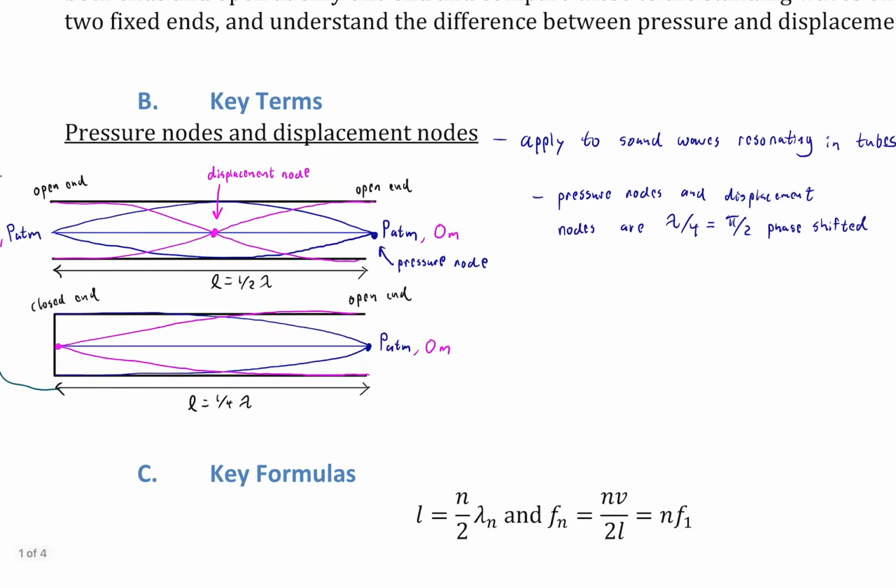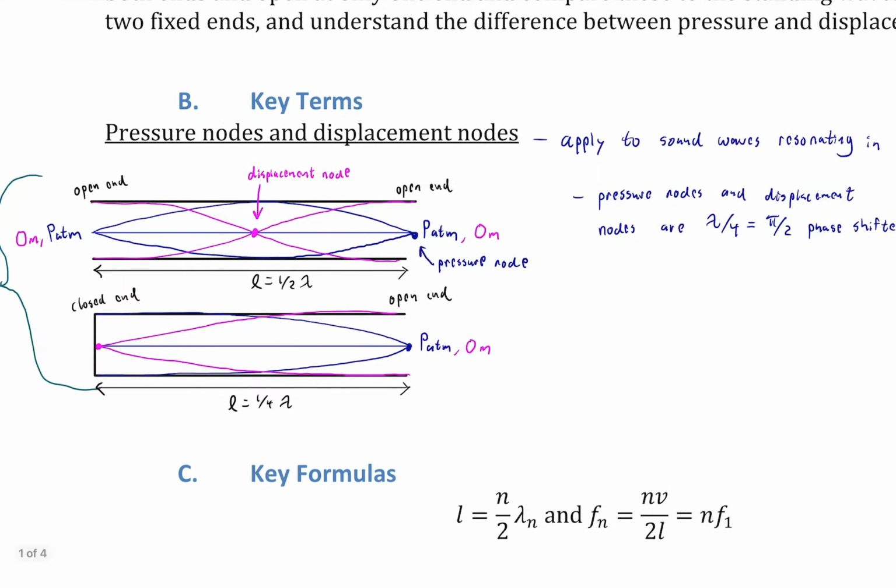And that represents that pi over 2 phase shift, or lambda over 4, because every pressure node is exactly 1/4 wavelength away from a displacement node, because it's always the distance between a zero and an amplitude. And we know from our sine wave that to go from 0 to an amplitude is 1/4 of a full wave. See? 1/4. Okay, so that's the phase shift between pressure nodes and displacement nodes. And to think about sound waves, you need to think about both types of nodes.